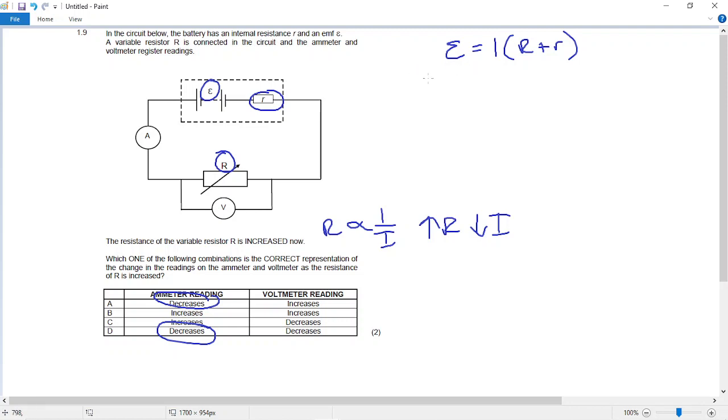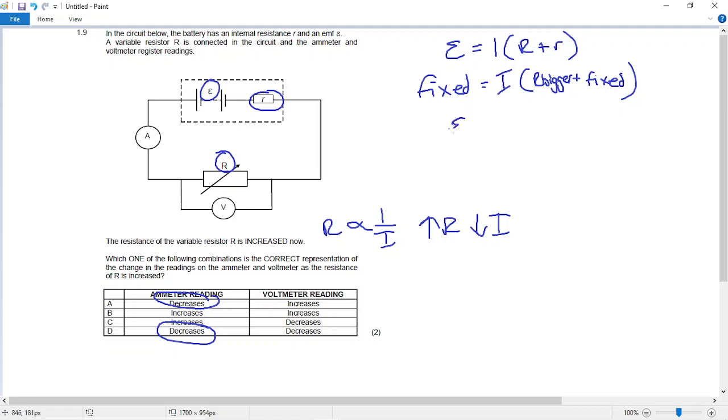So we know that the EMF of the battery is fixed, and little r is also fixed. So what are we doing here? We are increasing the value of this one. So if we do this, we know the ammeter reading is going to go down.